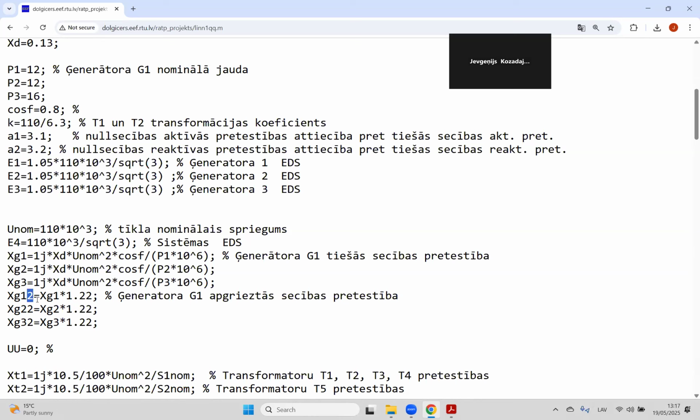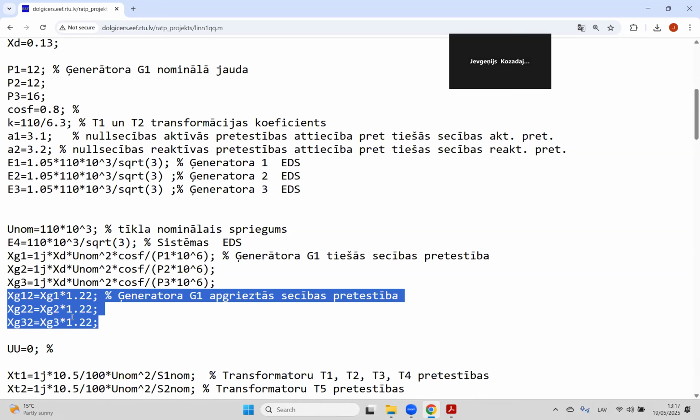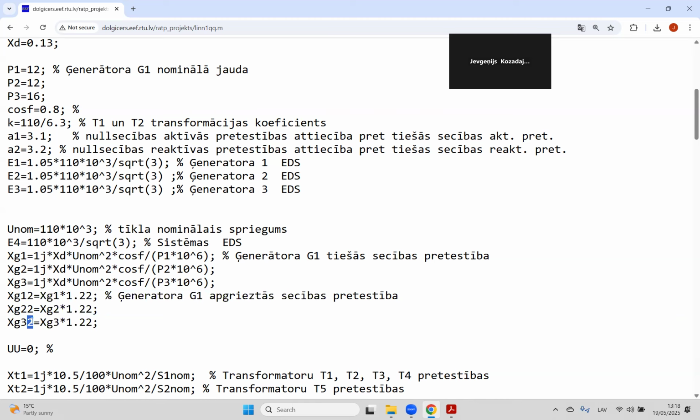This means that these two rows are for the generator negative sequence calculation, so the reactance calculation. This is good for you to remember: standard digits to index the sequence. Number 1 for positive, number 2 for negative, and 0 for the zero sequence. That's why we have this index 2, 2, 2. And this is the coefficient to multiply the positive sequence generator value by, to get the negative sequence generator reactance.